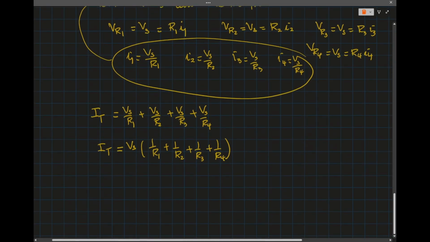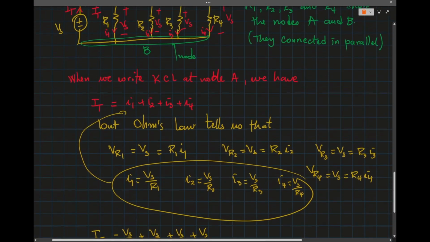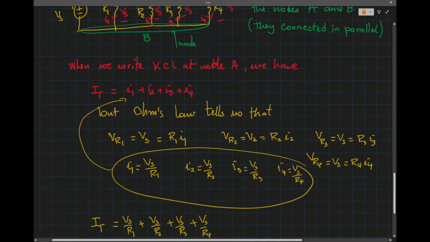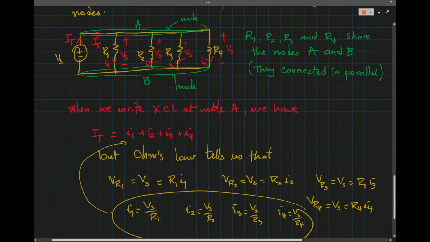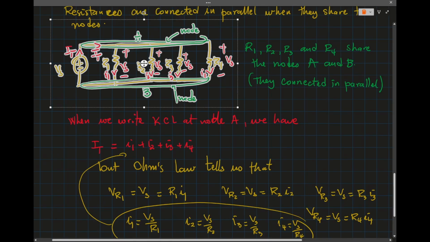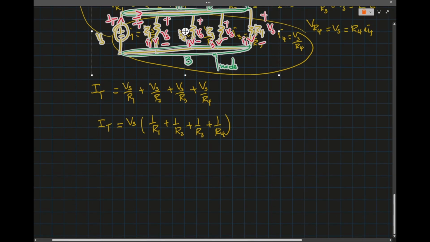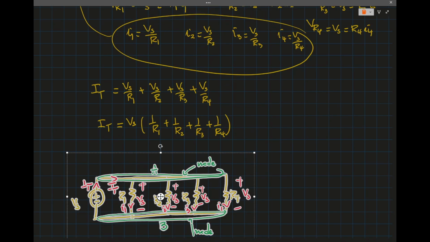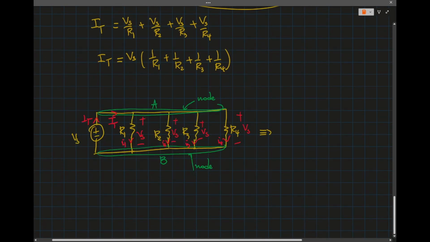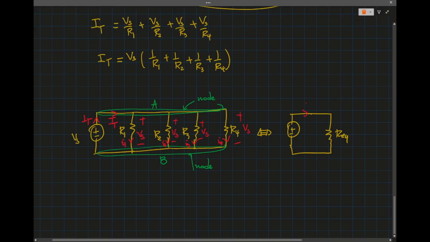Okay, so now if I am able to replace this circuit with one equivalent circuit, if I'm able to convert this into Vs and an equivalent resistance, as we did for the series, the current supply is going to be the same because the network is the same.